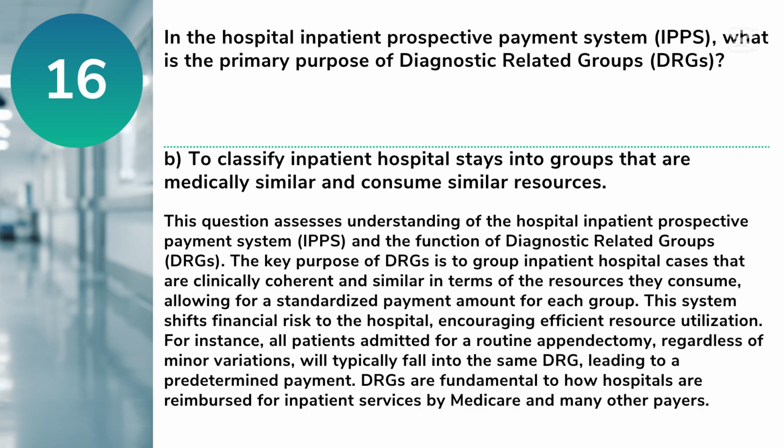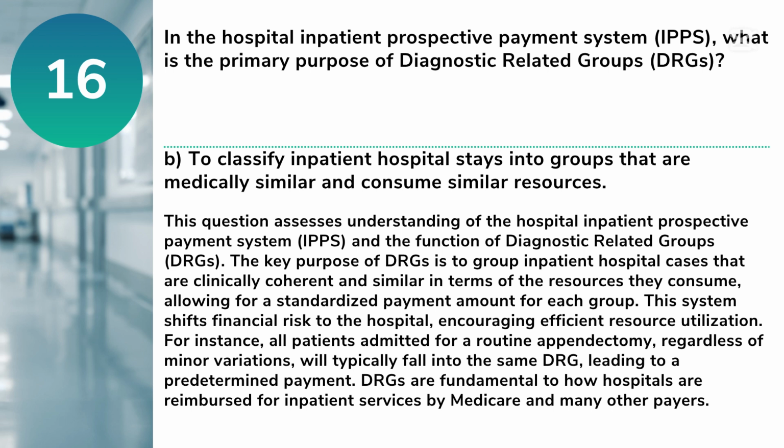Answer: B. To classify inpatient hospital stays into groups that are medically similar and consume similar resources. This question assesses understanding of the Hospital Inpatient Prospective Payment System, IPPS, and the function of diagnostic-related groups, DRGs. The key purpose of DRGs is to group inpatient hospital cases that are clinically coherent and similar in terms of the resources they consume, allowing for a standardized payment amount for each group.